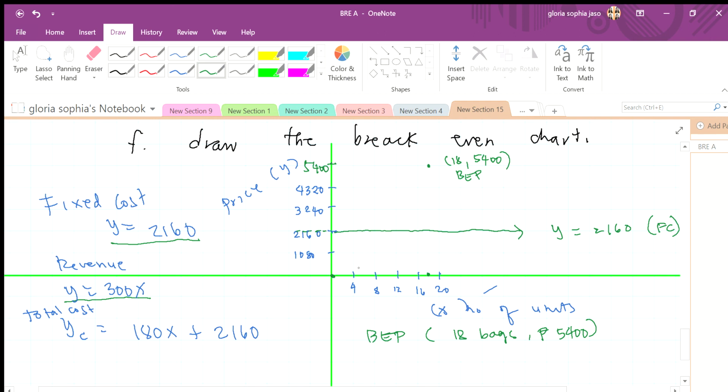If x is 4, let's compute: 4 times 300, so that's 1,200.